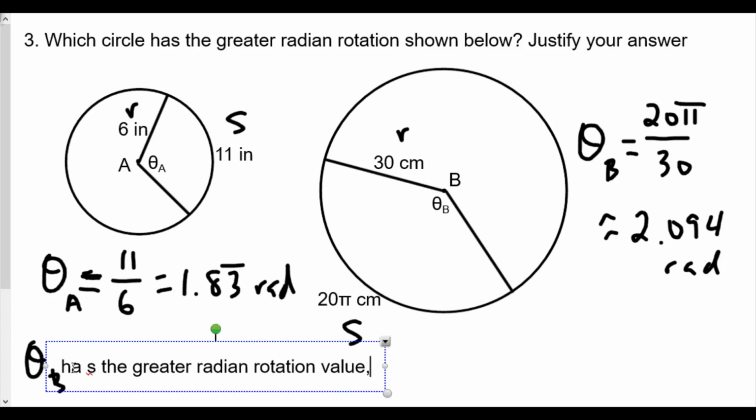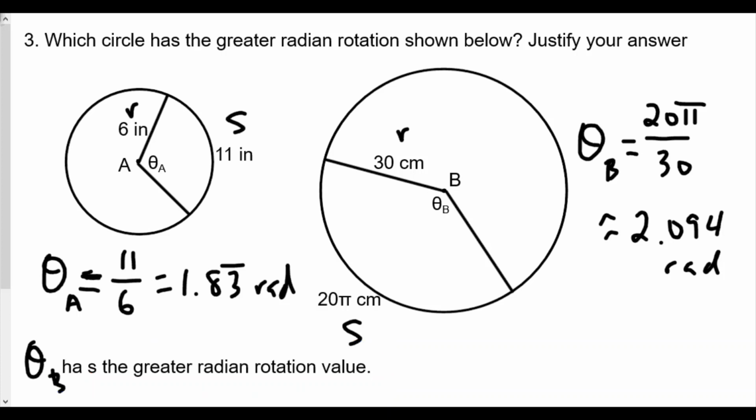Because value-wise it is a greater radian, meaning in this case the angle measure theta B has a greater value than theta A. Okay, so this is how we compare them. Basically you're looking for the theta values.